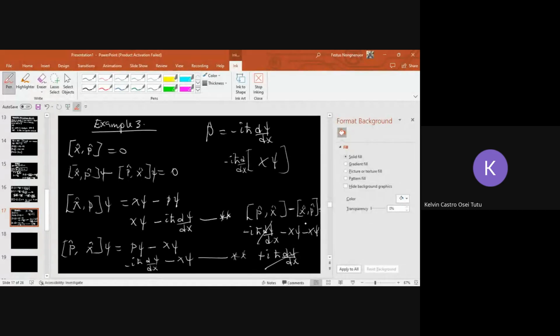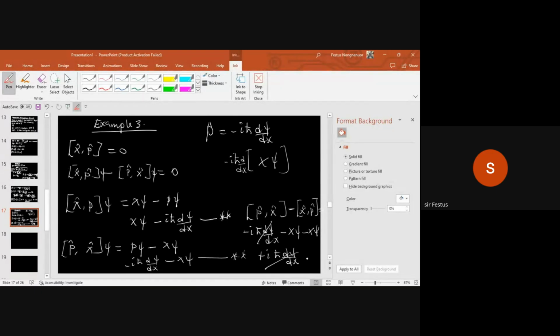That will be negative 2X psi. So once we are still having a number instead of 0, we can say that the two operators are not commuting. So their order of measurement matters.